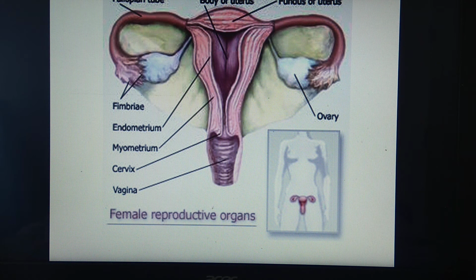Remember that the inner layer, which is made up of mucosa, is the mucosal layer. It is stratified. What is the meaning of stratified? Consisting of many layers of cells. It is non-keratinized and it stores glycogen. What is glycogen? Glycogen is the stored form of glucose.